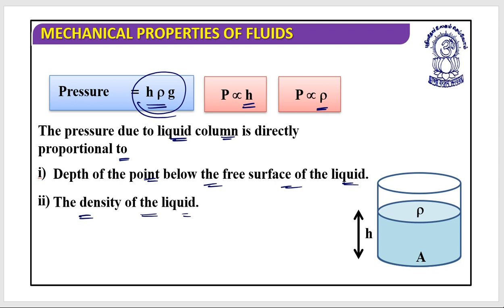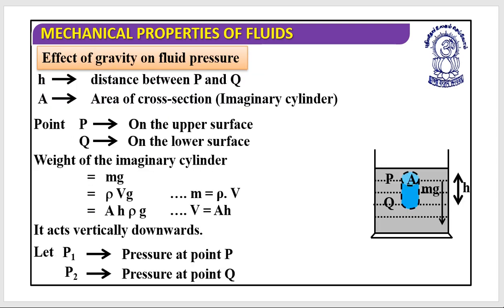We will be back on this, but before we go through the numericals, let's discuss this point: the effect of gravity on fluid pressure. Let's suppose we have considered two points, P and Q, and the separation between these two points is h.